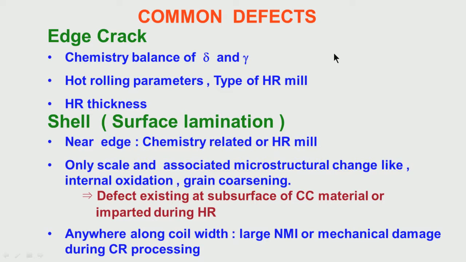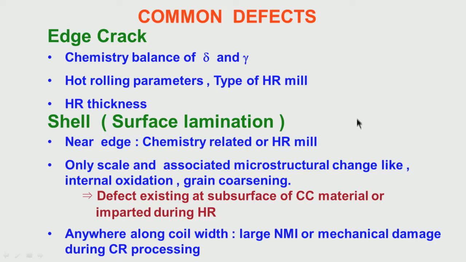But if the nickel equivalent by chromium equivalent is very low in this grade, that means it is going slightly towards the ferritic range, then your continuous casting quality will be relatively better. As I have told you, you decrease the nickel equivalent by chromium equivalent to make it slightly ferritic, so that the delta ferrite to austenite transformation takes place below the peritectic temperature, below the end of solidifying temperature.